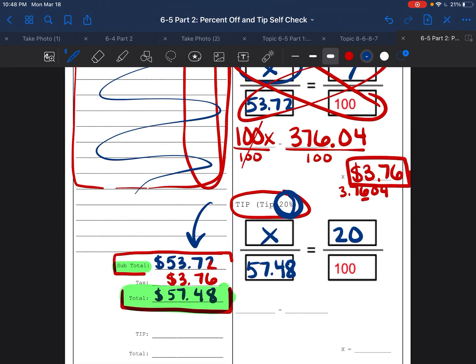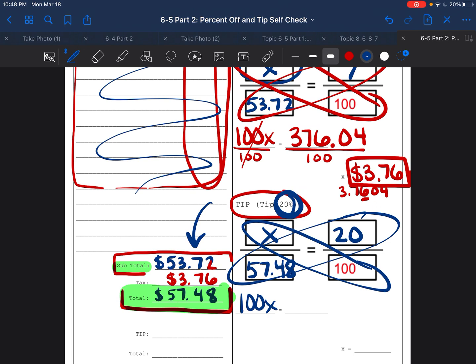Now we're finding the part, so you're going to put an X. Multiply diagonally. So we're going to do 57.48 times 20. And we end up getting 1,149 and 6/10 or 0.6. Divide by 100.